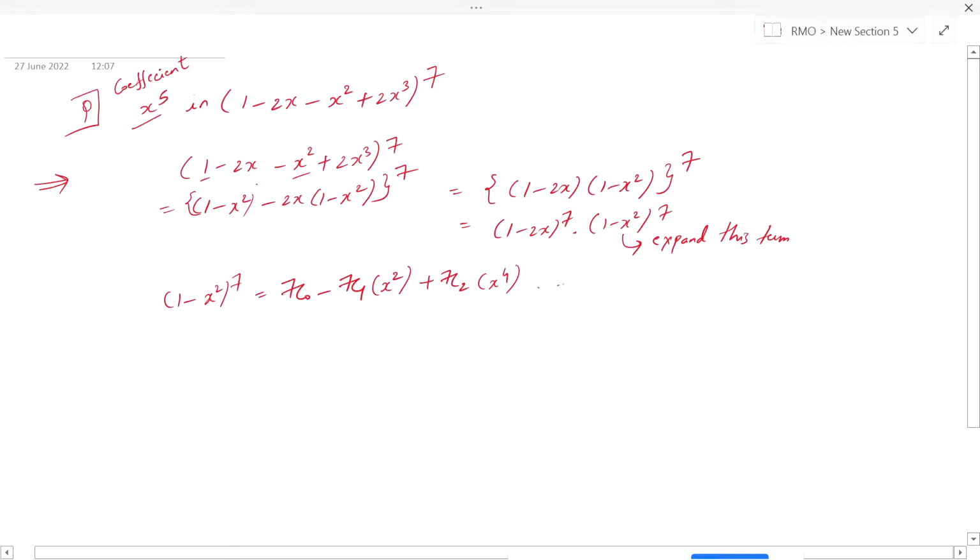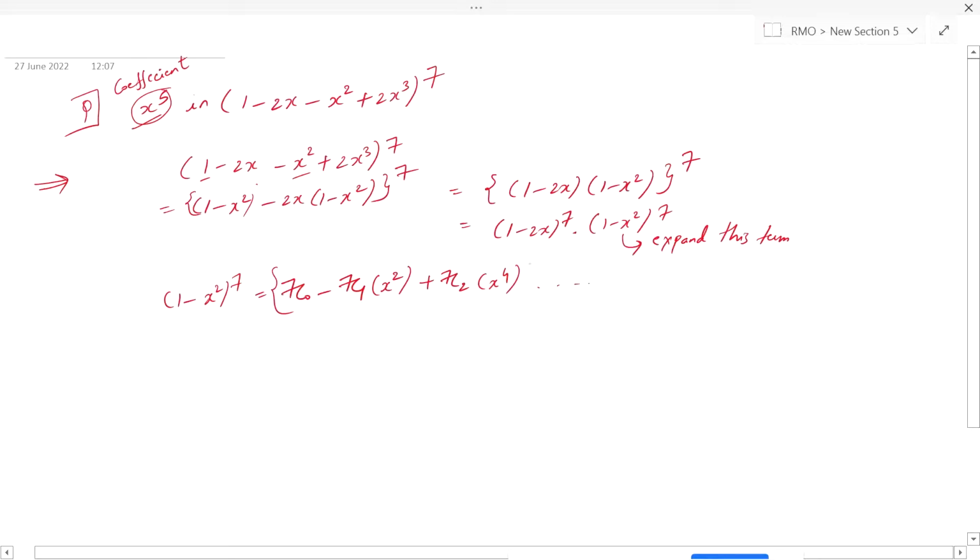Now we won't go beyond, because we just want the coefficient of x raised to 5. I have stopped till x raised to 4, since x raised to 5 is impossible. I will explain.